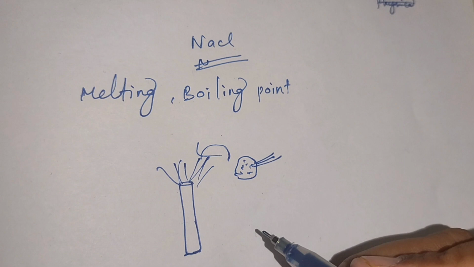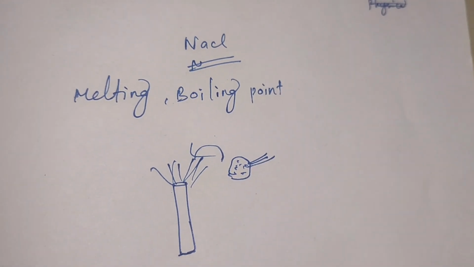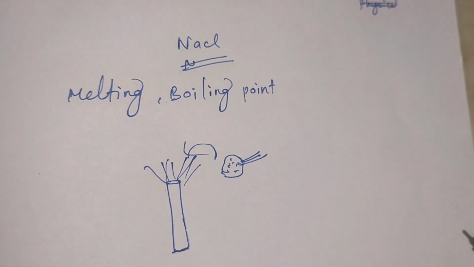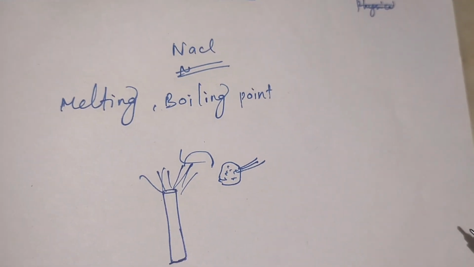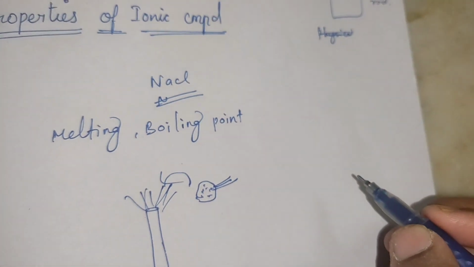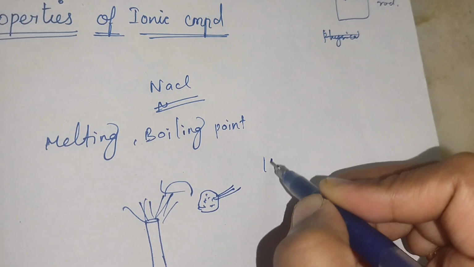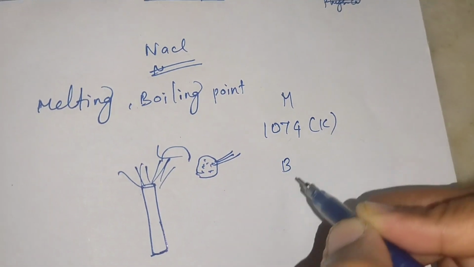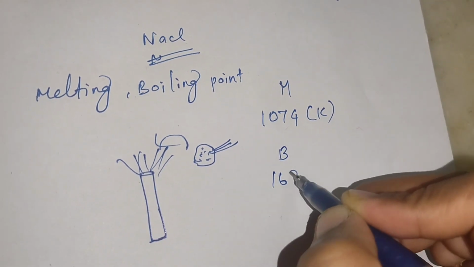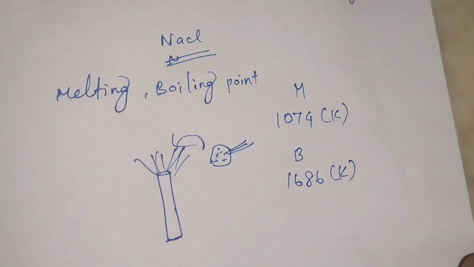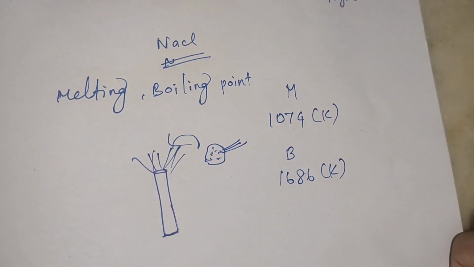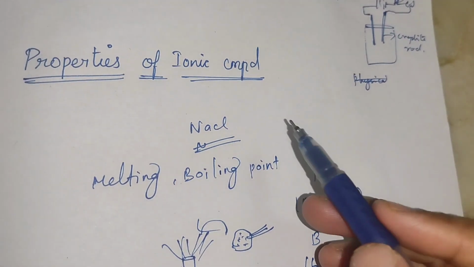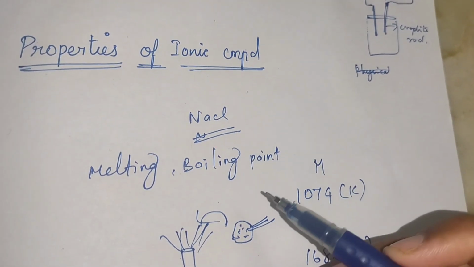The sodium chloride has a high melting and boiling point. It requires more heat to melt. So the melting point of sodium chloride is 1074 Kelvin and the boiling point of sodium chloride is 1686 Kelvin. Like that, magnesium chloride, calcium chloride. So these ionic compounds have high melting and boiling points.